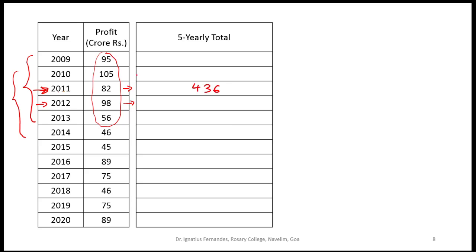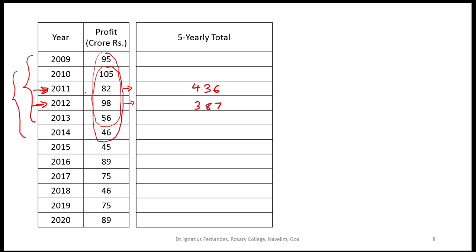Then you go to the next 5 years: 105, 82, 98, 56 and 46. That total comes against the middle year 2012. This total comes to 387.